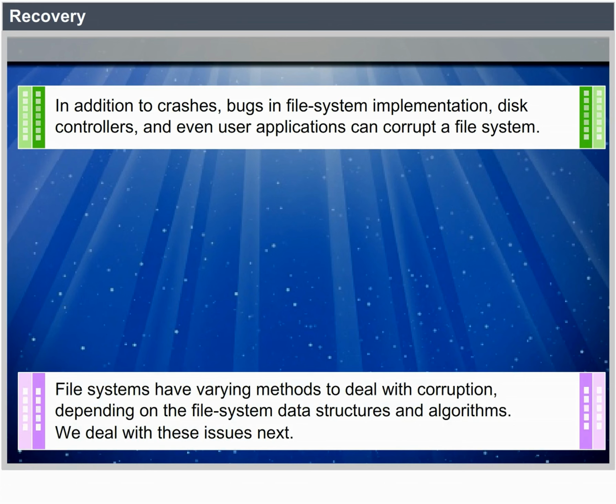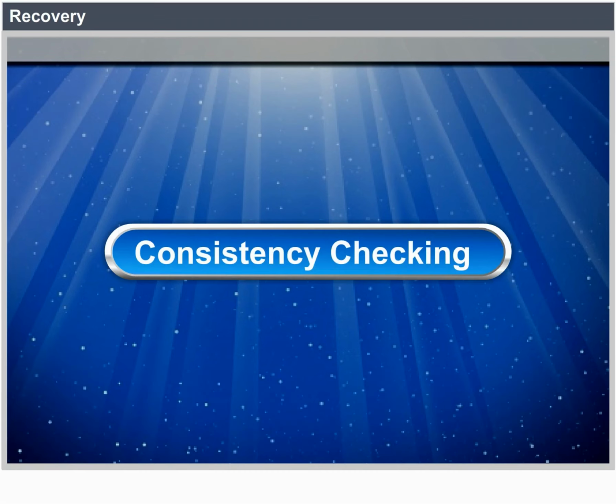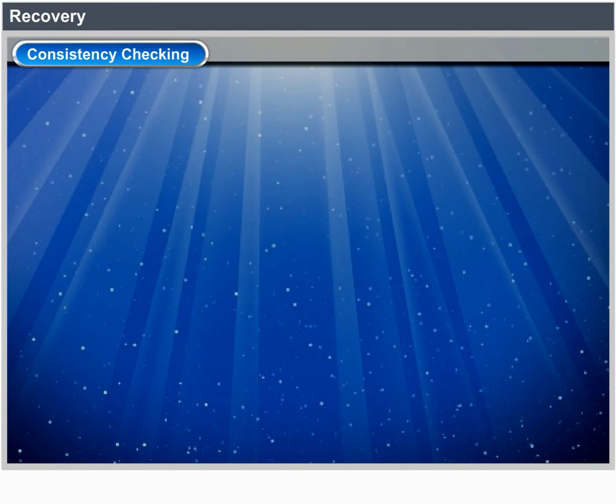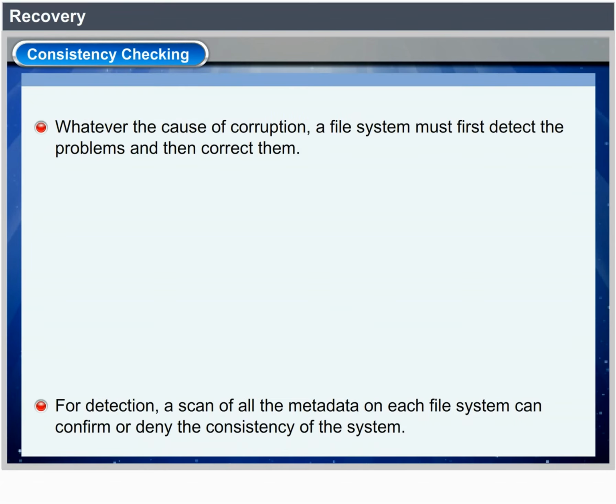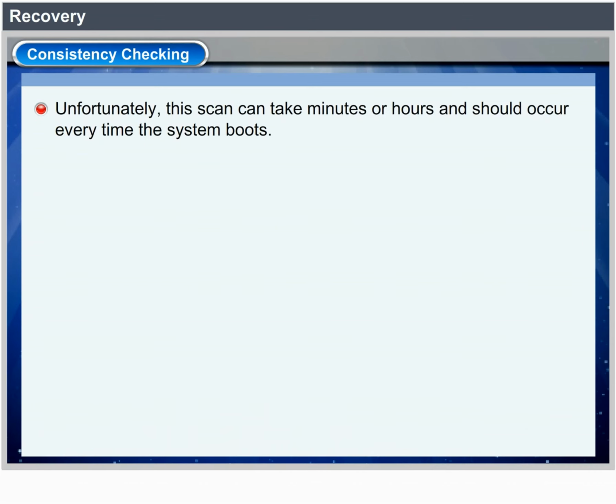Consistency checking. Whatever the cause of corruption, a file system must first detect the problems and then correct them. For detection, a scan of all the metadata on each file system can confirm or deny the consistency of the system. Unfortunately, the scan can take minutes or hours and should occur every time the system boots.